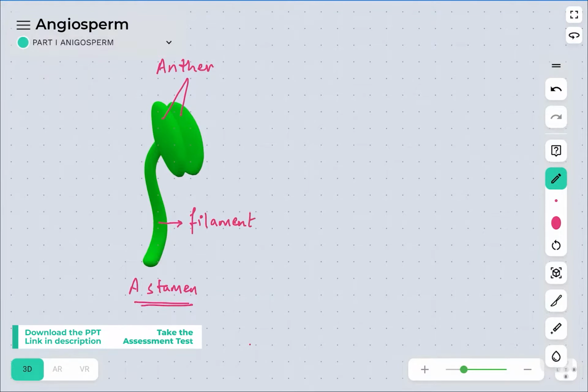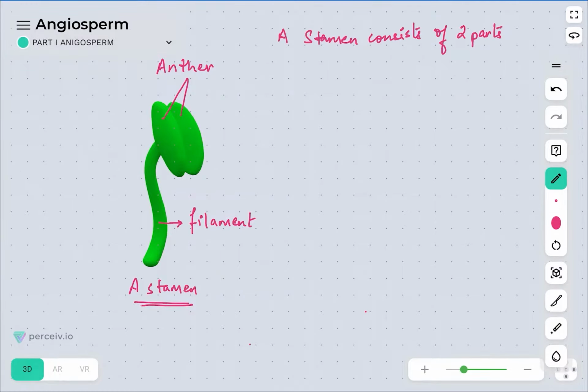So a stamen has two parts, that means an anther and a filament. We can write down here as well: anther and filament.